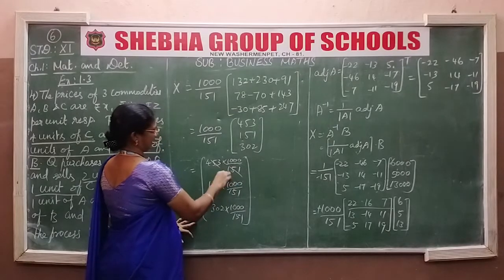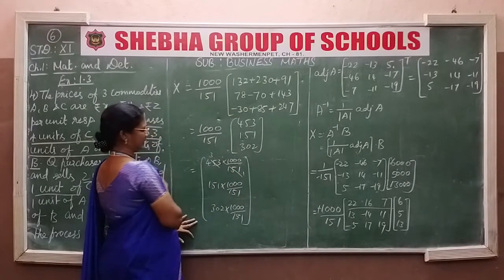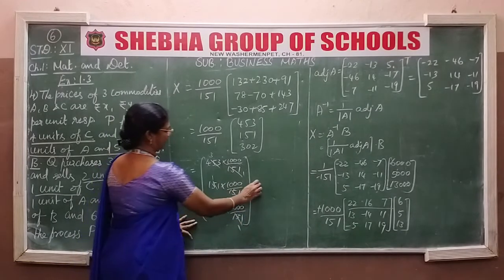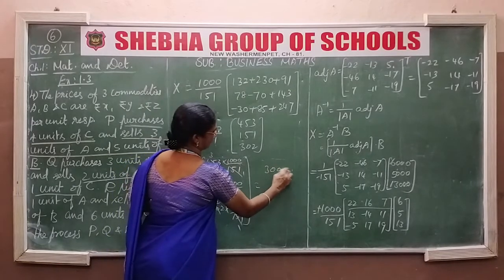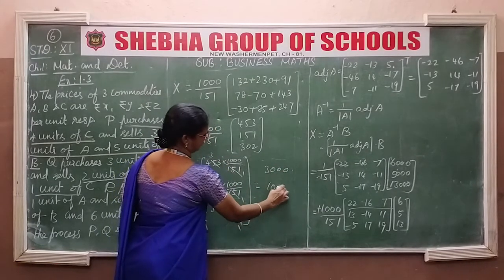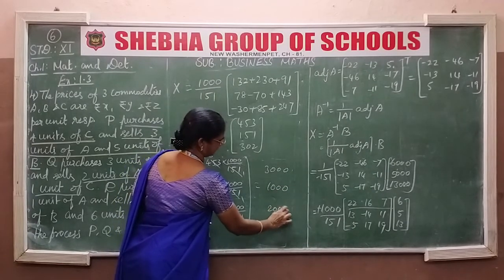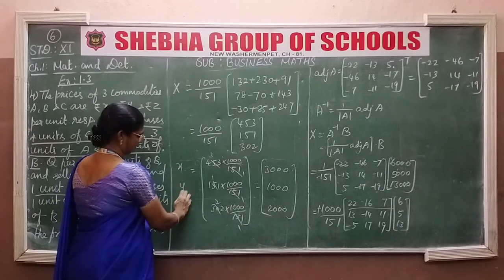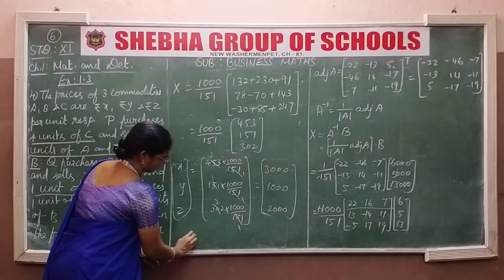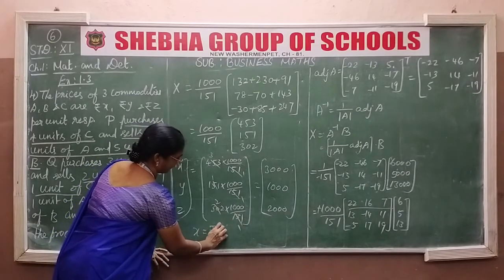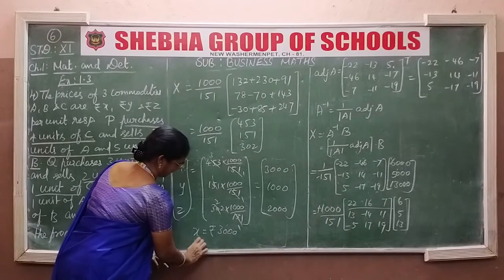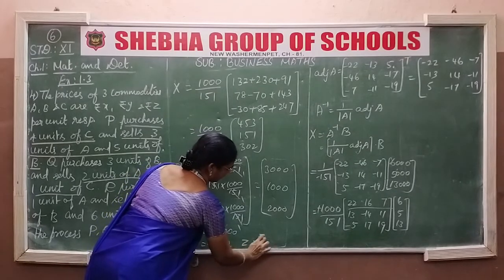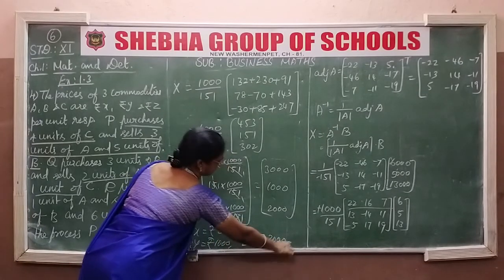Dividing by 151 we get 3 here, 1 here, and 2 here. We get 3 into 1000, 3000, 1 into 1000, and here 2 into 1000. Therefore this is our x, y, z. So our solution is x equal to rupees 3000, y equal to rupees 1000, and z equal to rupees 2000. This is our answer.